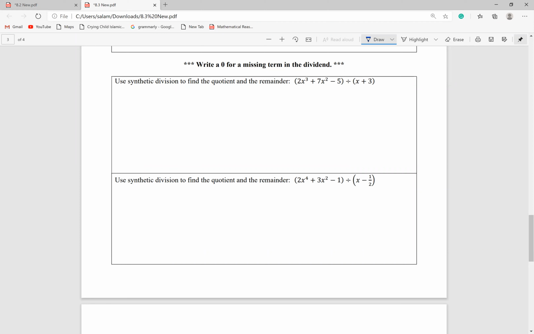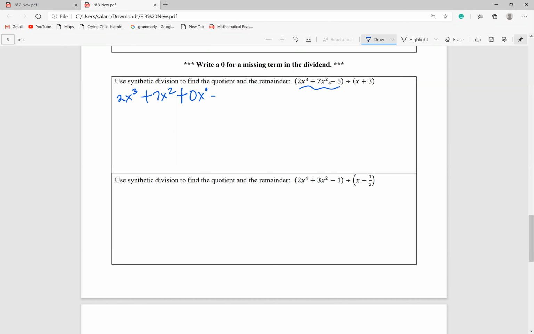What does that mean? I'm going to rewrite this. The polynomial is 2x cubed plus 7x to the second power. You can see that the x term, x to the 1 power, is missing, so I'm going to have a 0x. Most of the time we don't write the power 1. Then we have the constant -5.